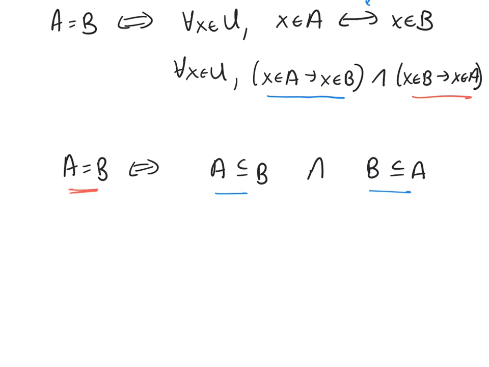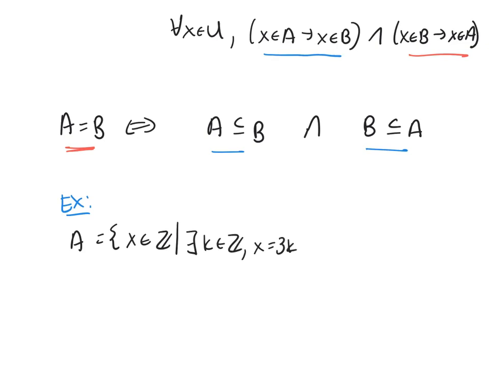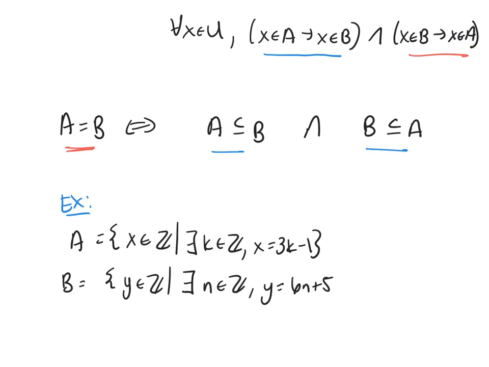So let's look at an example here. Let's take the following. Let's say the set A is going to be the set of X in Z such that there exists a K in Z such that X equals 3K minus 1, and B is going to be the set of Y in Z such that there exists an N in Z so that Y equals 6N plus 5.